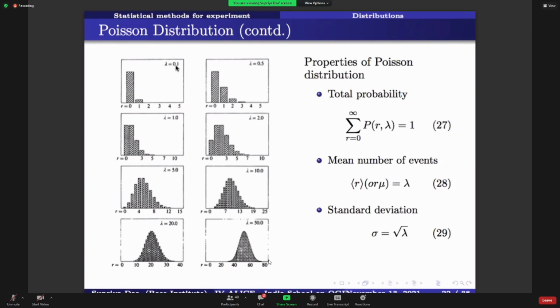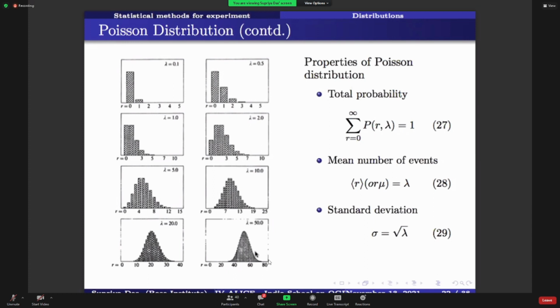Here the lambda is 0.1, 0.5, 1, 2, 5, 10, and you see lambda is 50 here. If you have very many sections, then this curve becomes like this. If you have larger lambda, you have a more smooth distribution like this.